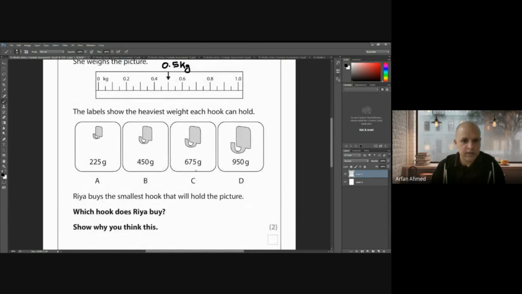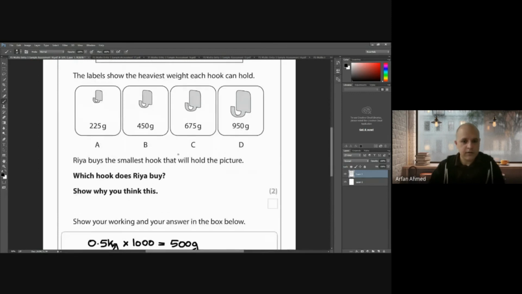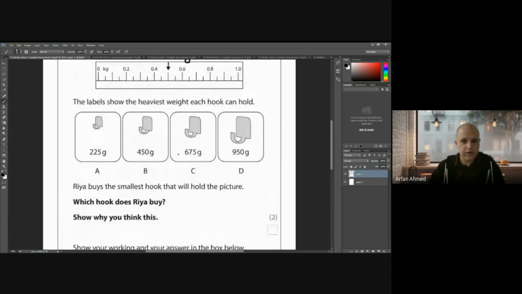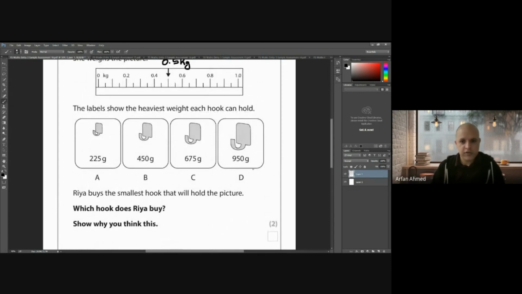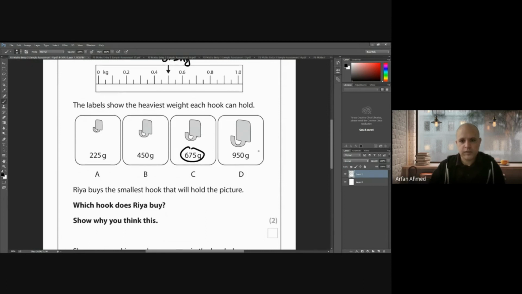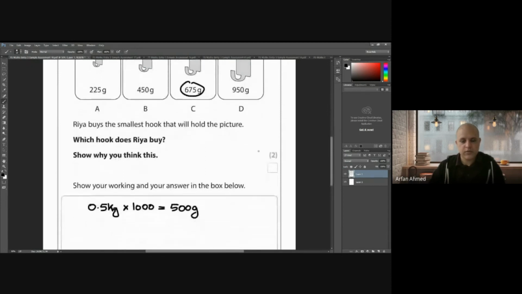What do these mean? The labels show the heaviest weight each hook can hold, right? So that's not going to be enough. 225 grams, it's going to fall off that. 450 grams is, again, not going to be enough. 500 grams is too much. So the smallest one has to be that one.